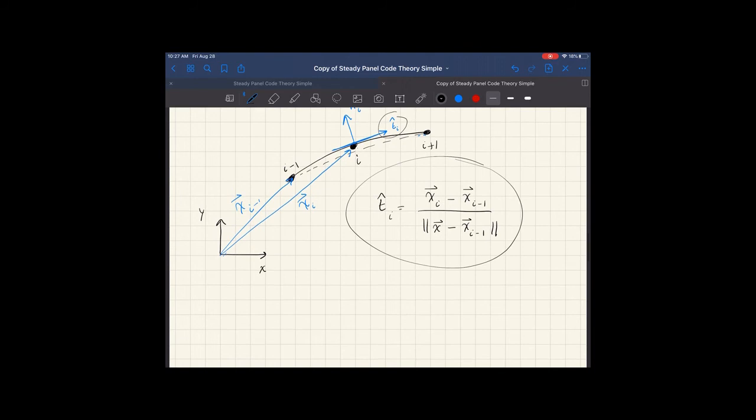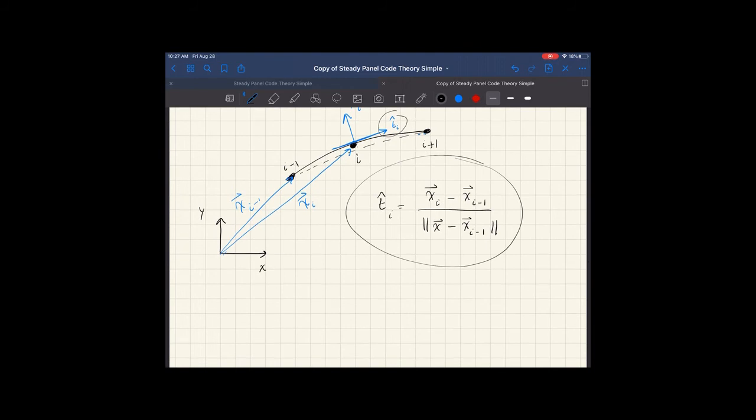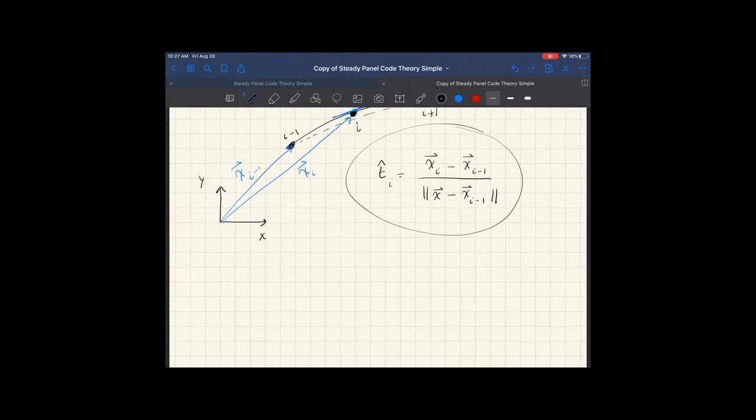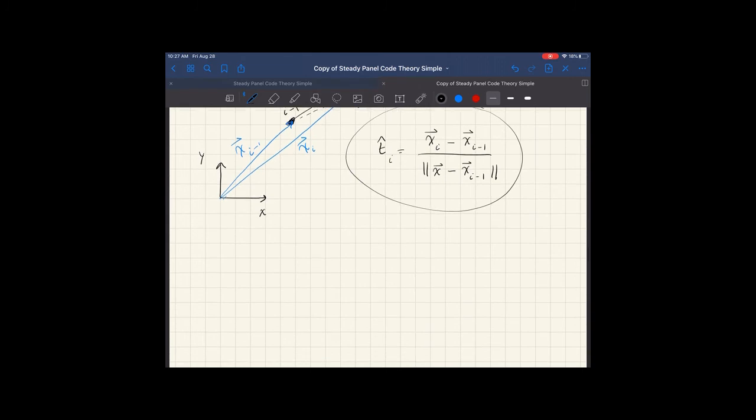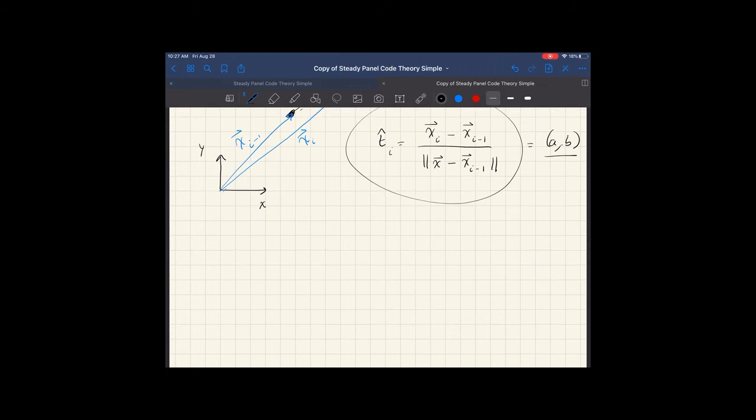Now, to get the normal unit vector from the tangential unit vector, let's assume that this tangential unit vector comes out to this vector, a and b. If that's the case, then the normal unit vector is simply minus b and a.